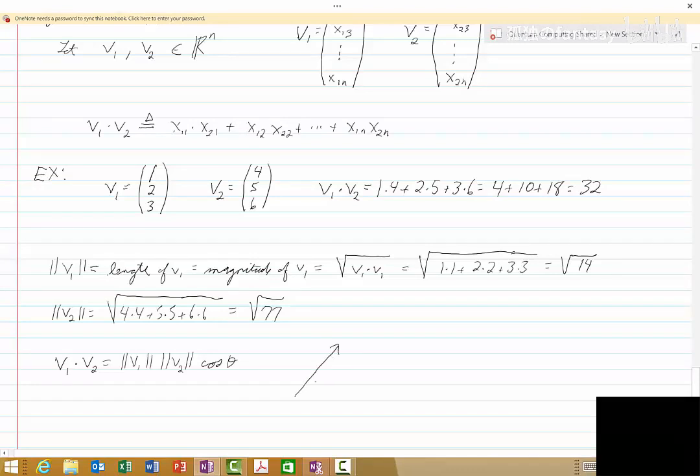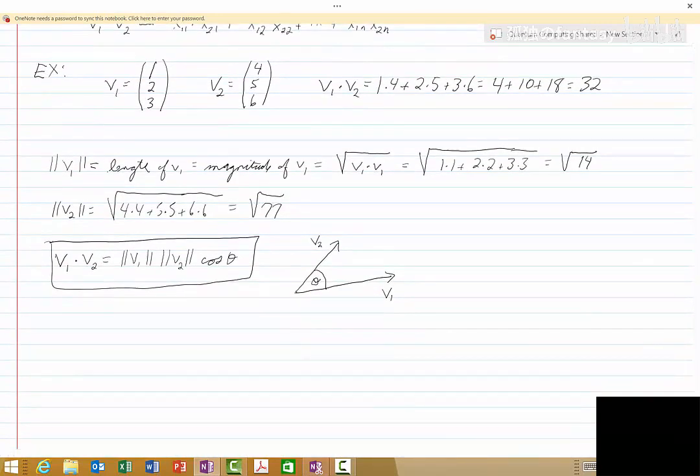So, for instance, if these are the two vectors V1 and V2, and notice their tails are connected here, then we call this angle theta, and the relationship between the cosine of that angle, the lengths of the vectors, and the dot product of the two vectors is given by this equation, which is rather important. And notice that this could be manipulated into this form.